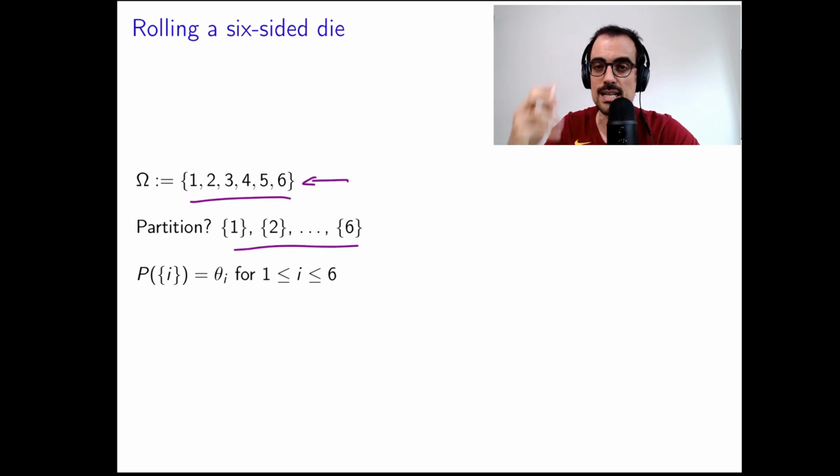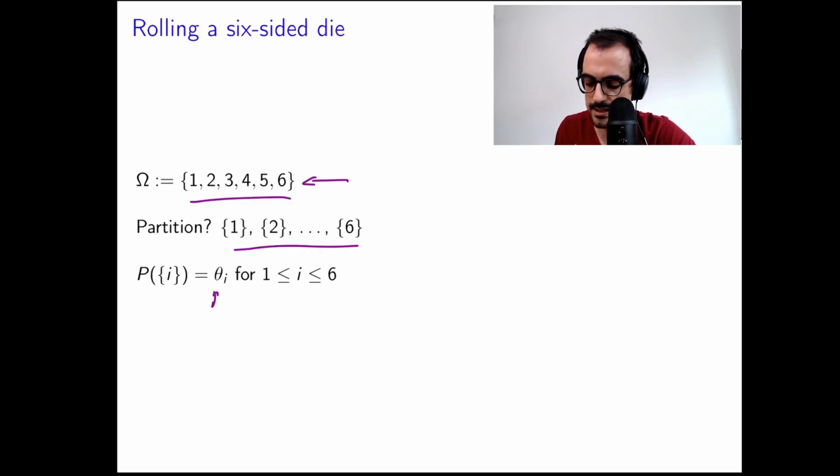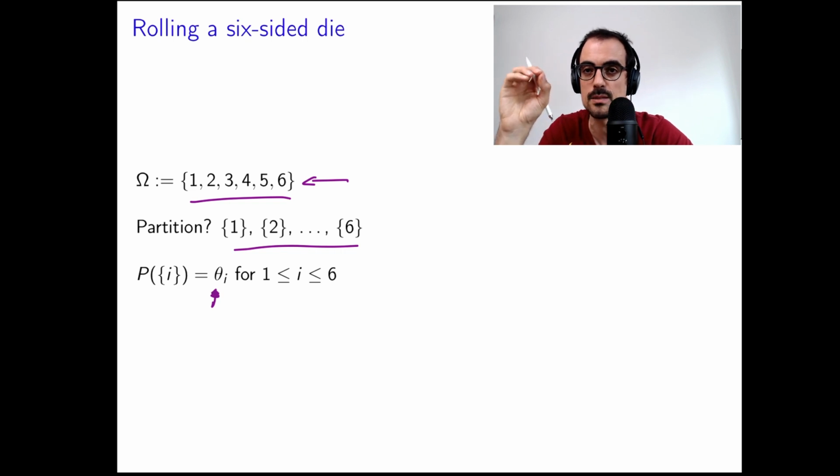So now we're going to assign a probability to each of the elements in the partition. These are going to be theta 1 to theta 6, where theta I is the probability of rolling an I, okay, like a 1, 2, 3, 4, 5, or 6.